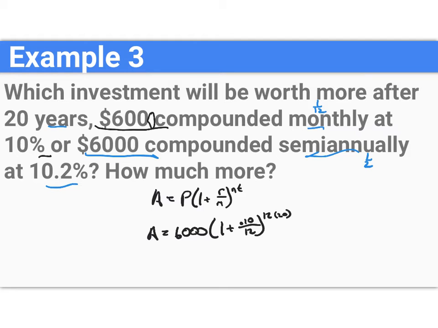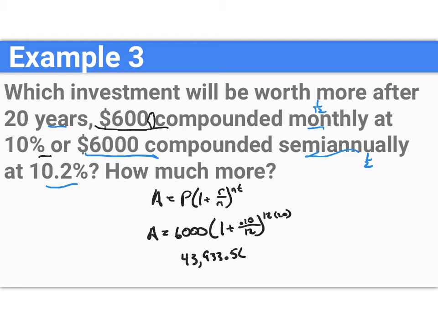When I put all of this into the calculator, we get 43,933.56. So that's for the 10% compounded monthly.